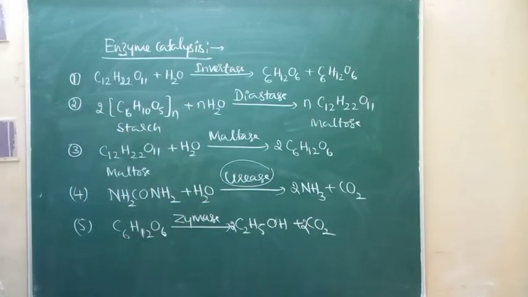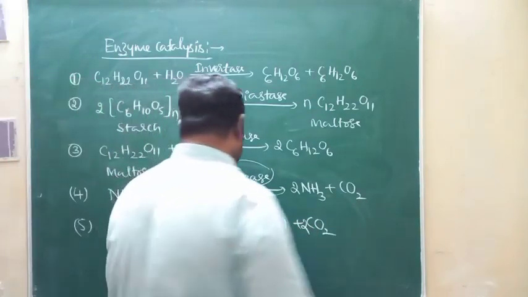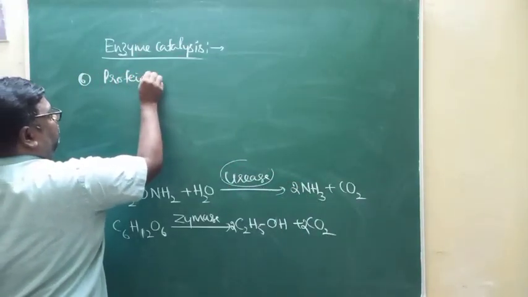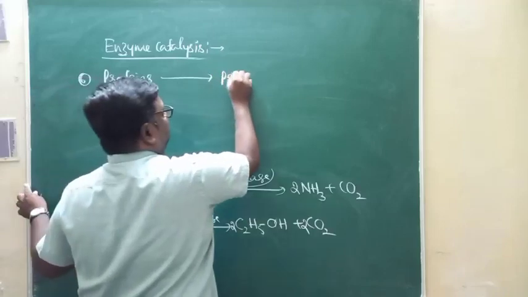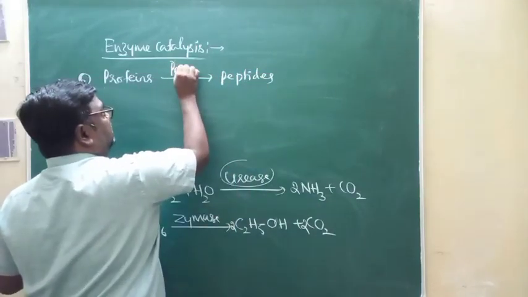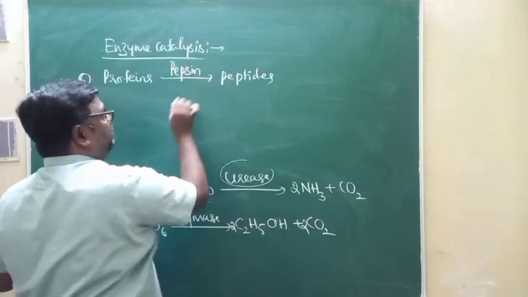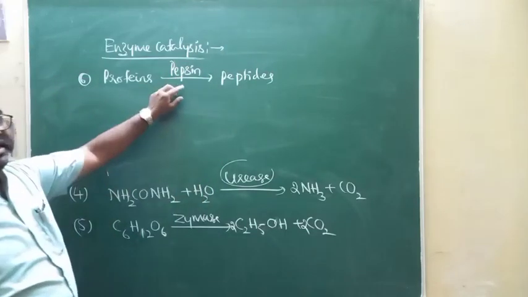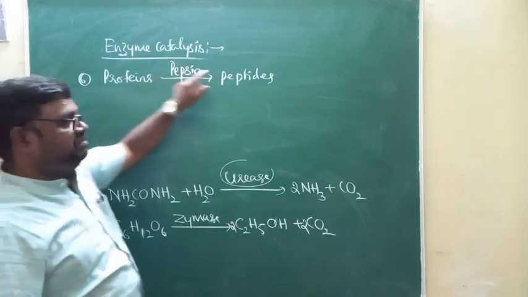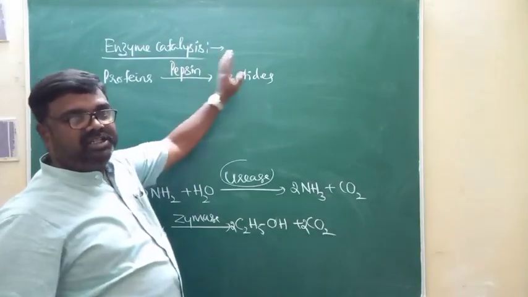So the total is 6 carbon atoms. As far as the sixth example is concerned, that is the conversion of proteins into peptides, which is brought about by the enzyme present in the stomach called pepsin. Pepsin is one enzyme present in the stomach that brings about hydrolysis of proteins into peptides, and the source of pepsin is the stomach itself.